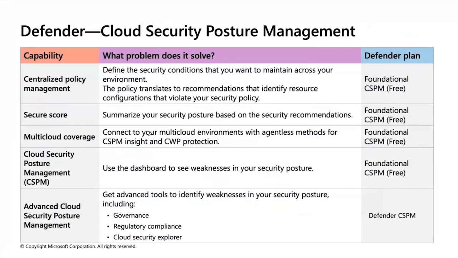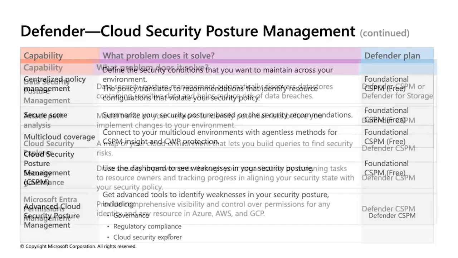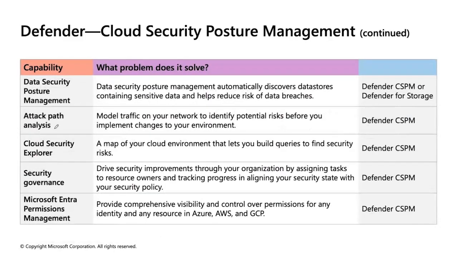CSPM free gives you centralized policy management, secure score, multi-cloud coverage, and cloud security posture management by default. But Defender CSPM gives you additional services like advanced cloud security posture management, governance, regulatory compliance, cloud security explorer, and attack path analysis, security governance, and many advanced features.